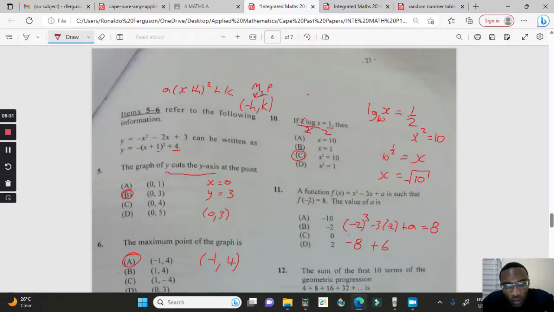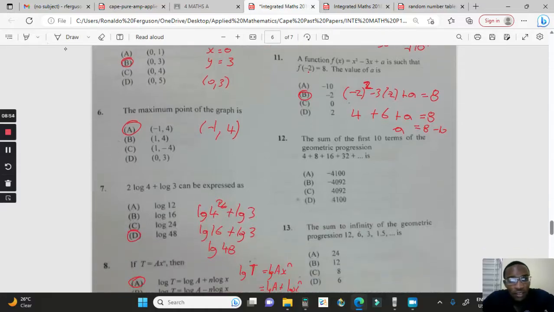Oh, this wasn't cube, this is square. Why did I do that? So this would have been negative 2 squared is positive 4. Scratch that. Positive 4, minus 3 times minus 2 is positive 6, plus a equals 8. Bring over 4 plus 6 is 10. So 8 minus 10 gives you a. So a is just negative 2. Easy.